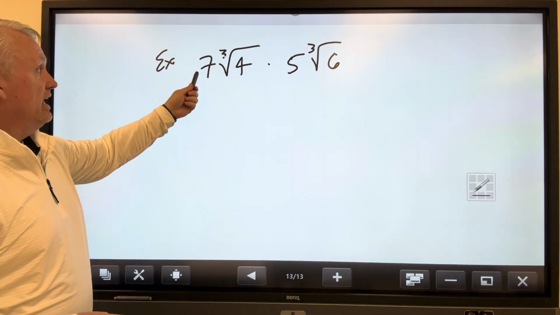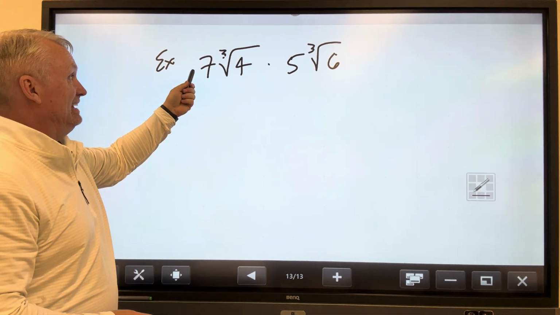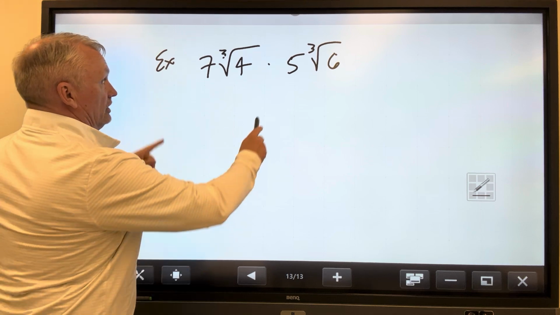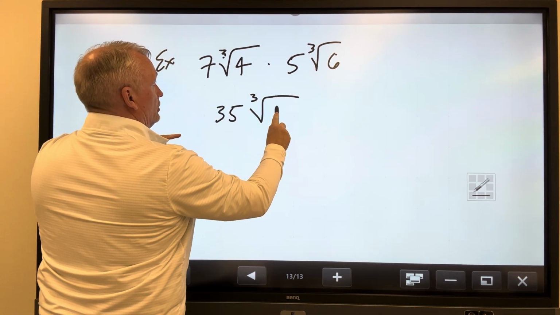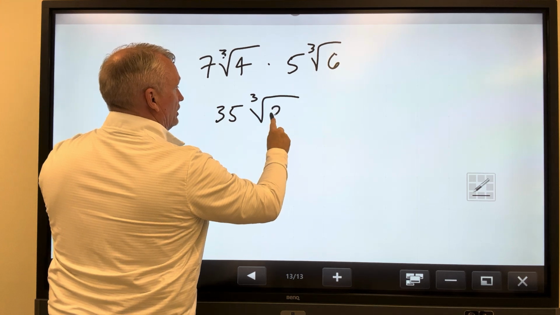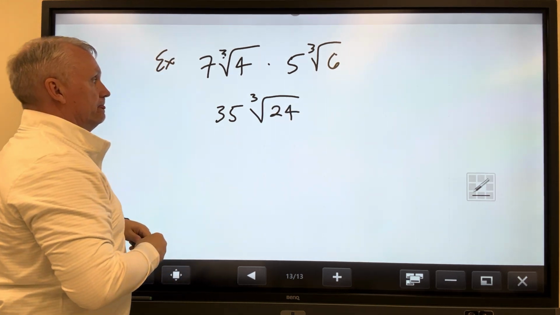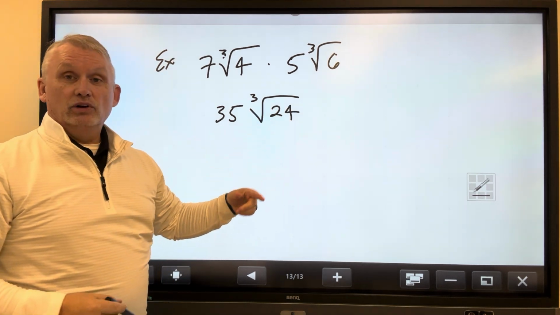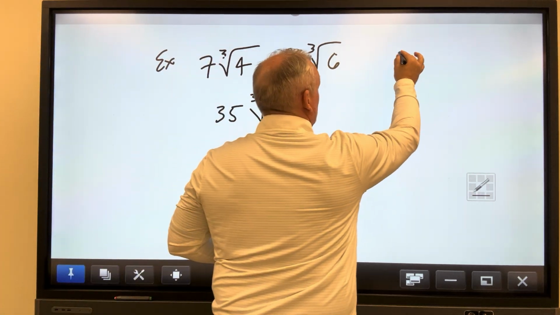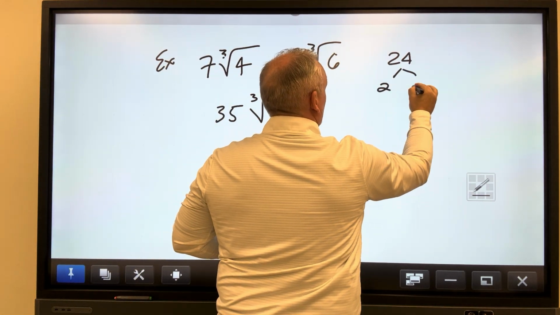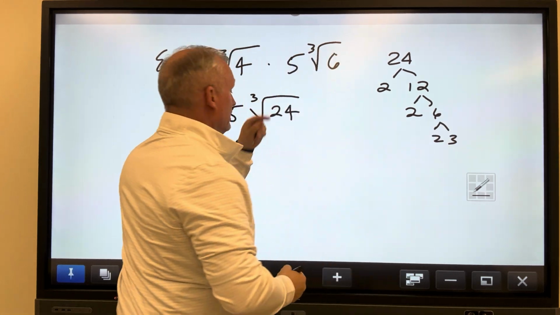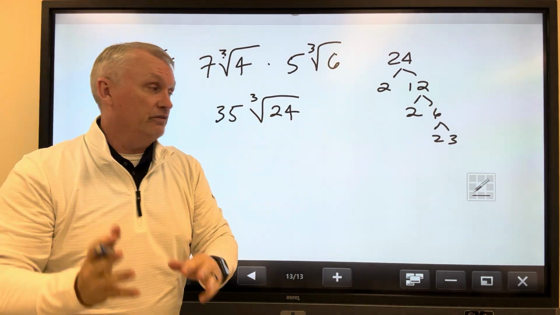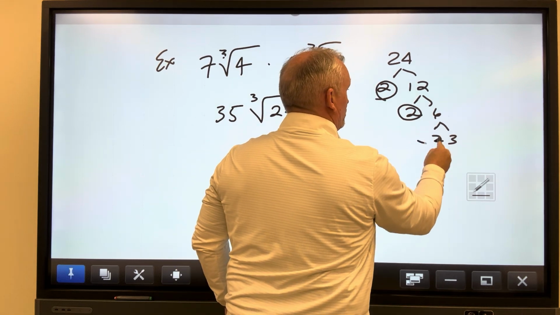Now take a look at this. I've got a number on the outside and a cube root. So I can do this, multiply the 2 numbers on the outside, and I get the cube root of 6 times 4, which is 24. Well, let's see what 24 is. Now I can factor tree this, 24, which is 2 times 12, 2 times 6, 2 times 3. And I'm looking for cubes. I'm looking for groups of 3. Well, look at this. 1, 2, 3.